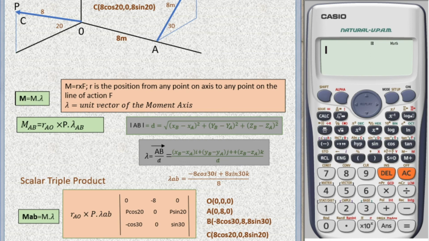Let's check if it is equal to 8. So (8 cosine 30) squared plus (8 sine 30) squared gives us the value of 8. Therefore, our i component will be negative cosine 30 since we are just going to cancel this 8, and for our k, we have sine 30.